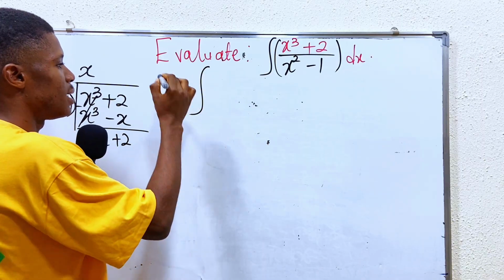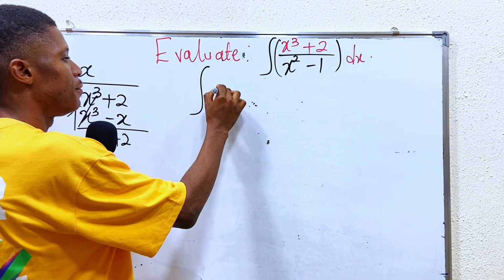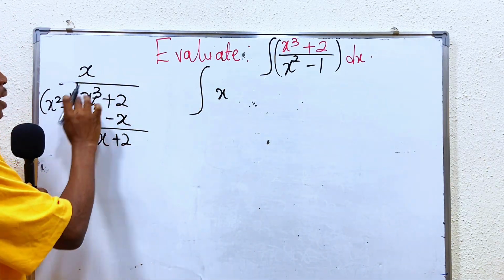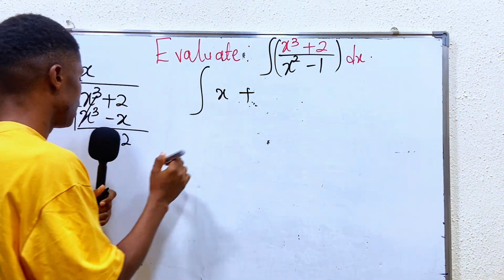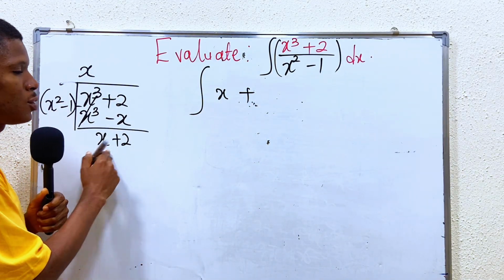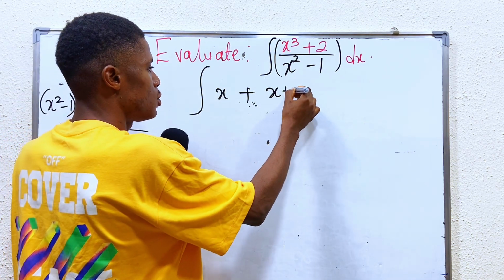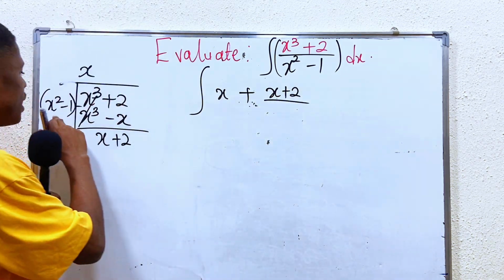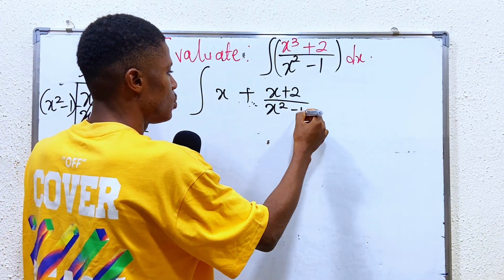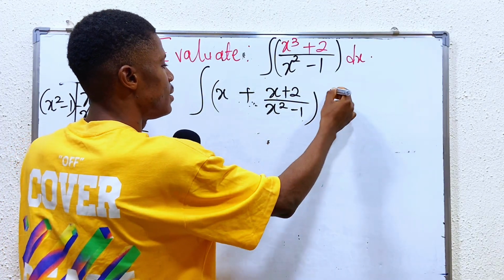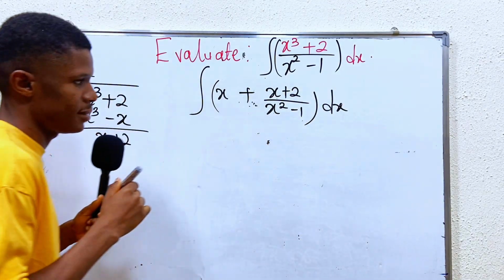So basically, we can now write this particular integral as the integral of x, which is the answer when we divided, plus the remainder, which is x plus 2 divided by x squared minus 1, integrated with respect to x.